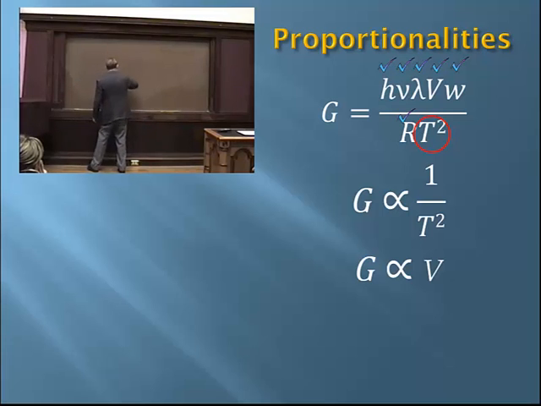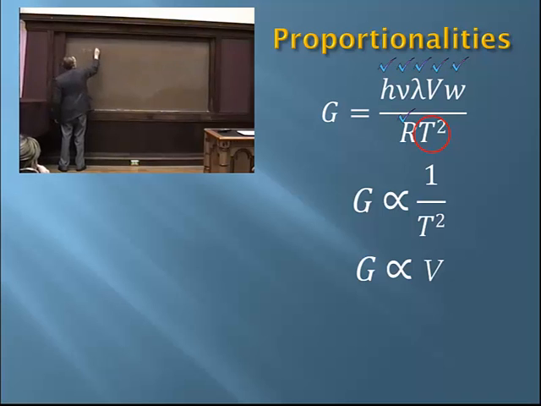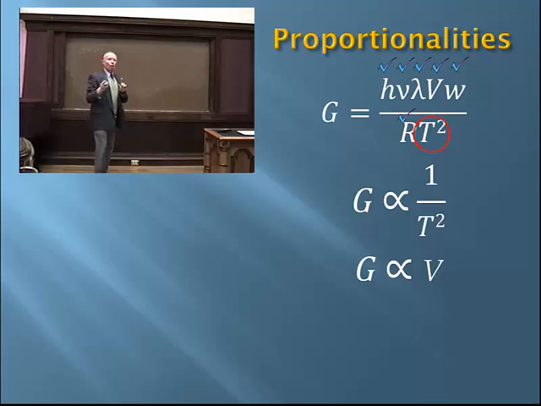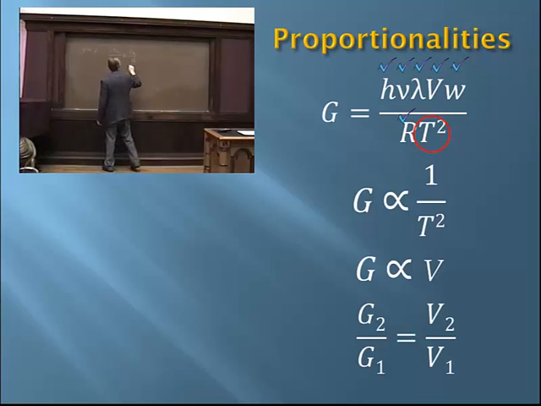The other nice thing about them is that if I know that g varies as v, then if I have two sets of conditions where I change just v from one set of conditions to another, then I can set up an equation, not a proportionality, but an equation like this: g2 over g1 equals v2 over v1.